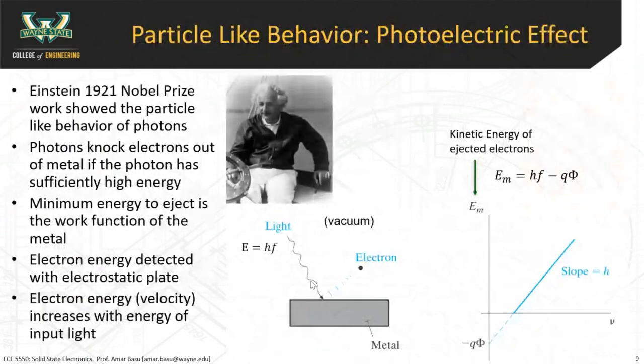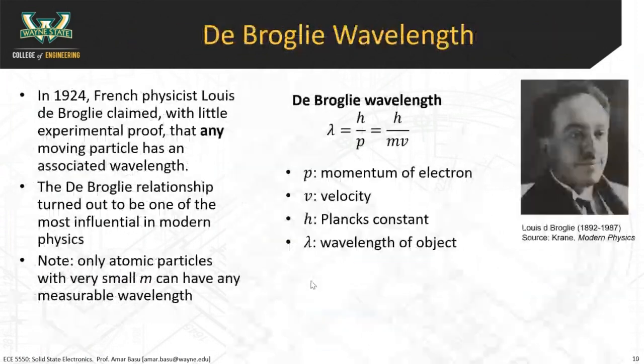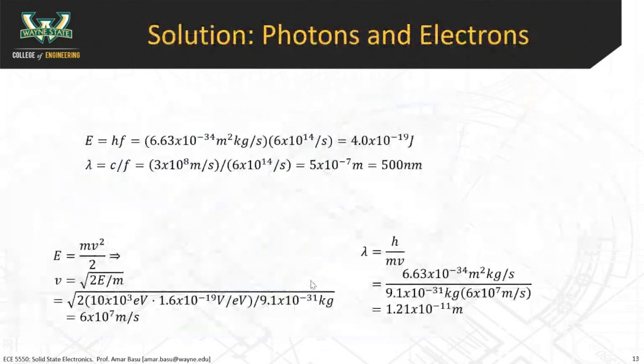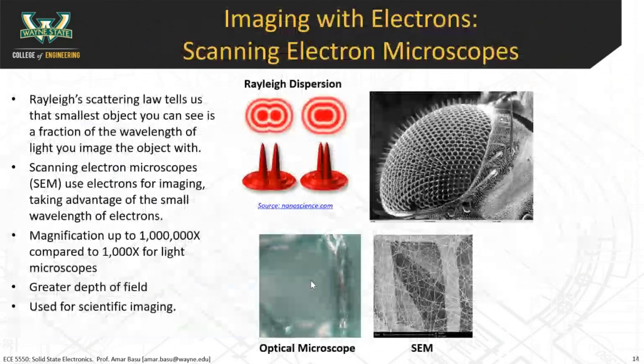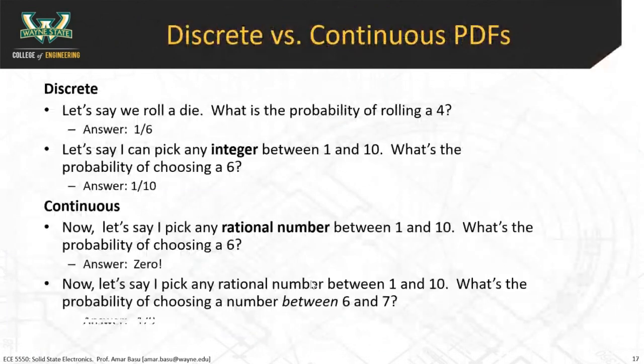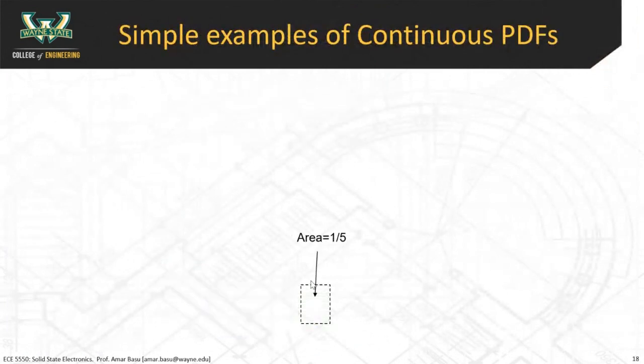Okay, so I think this is a good stopping point. We're at 7:10 right now. So we're going to start next week on the de Broglie wavelength. From the de Broglie wavelength, we'll talk about photons versus electrons, and then we're going to get into the Heisenberg uncertainty principle, probability density functions, and then finally we'll get into the Schrodinger equation.